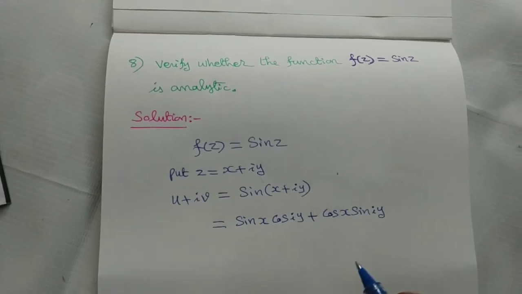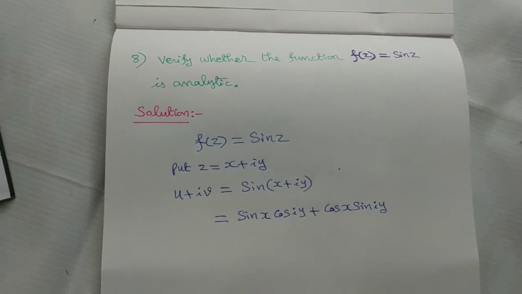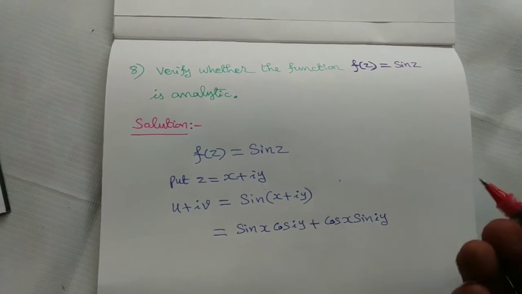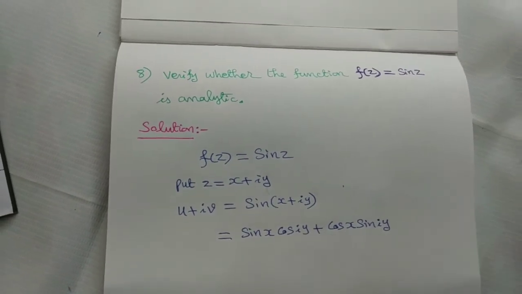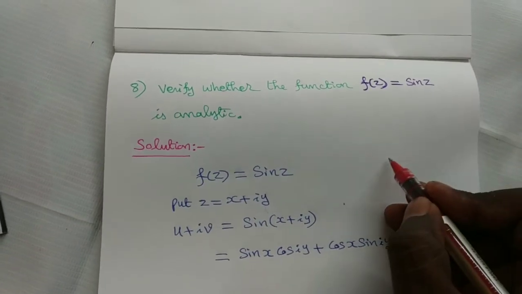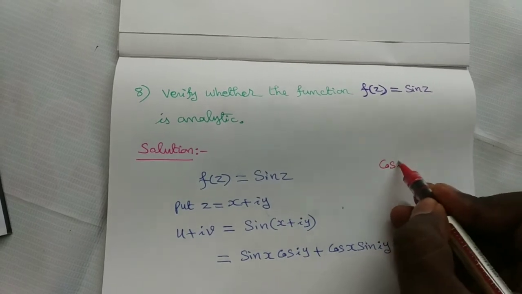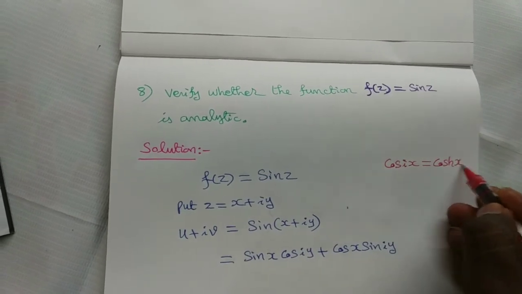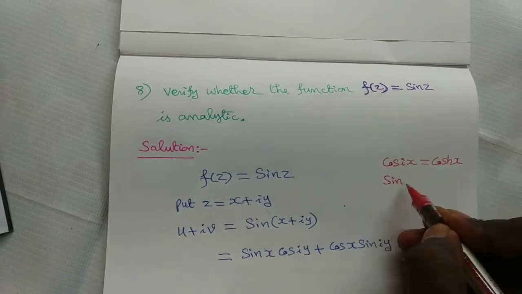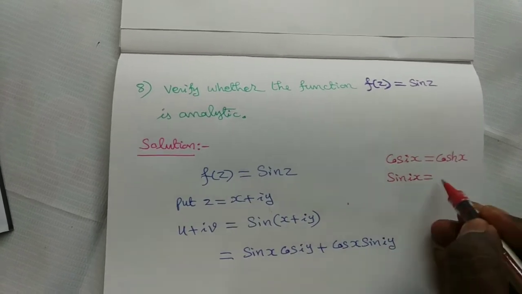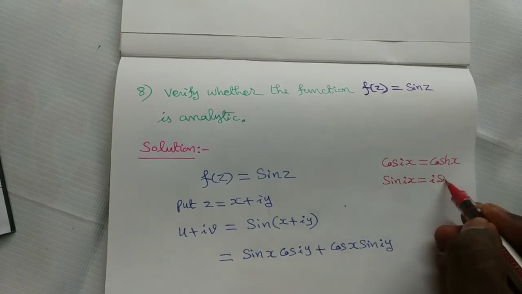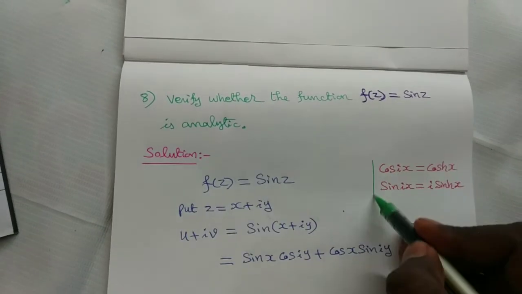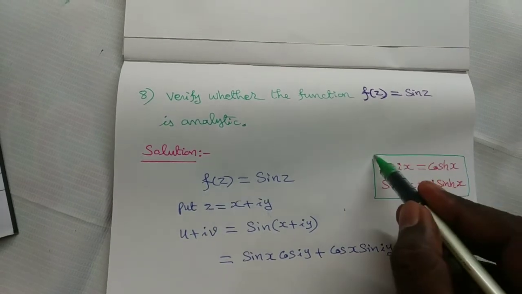But you see here one important formula. This is hyperbolic function. This is not in the syllabus of Anna University, but you should know the formula. The formula is cos ix is cosh x, but sin ix is i sinh x. These two formulas are very important in hyperbolic functions.